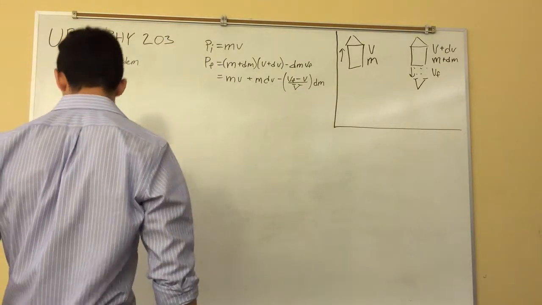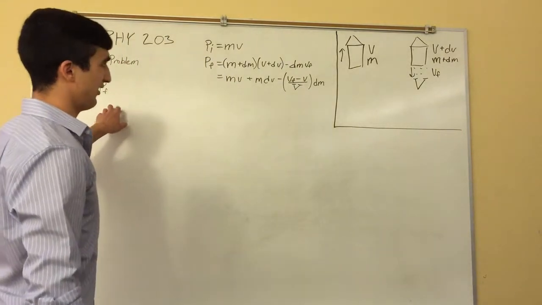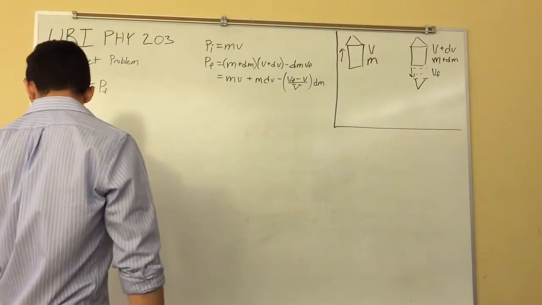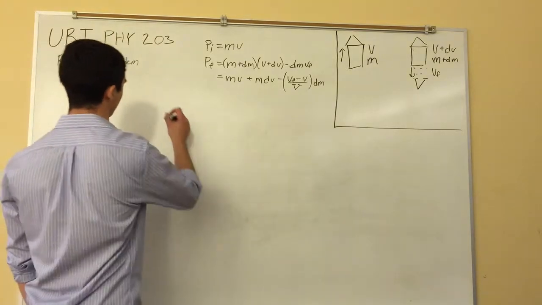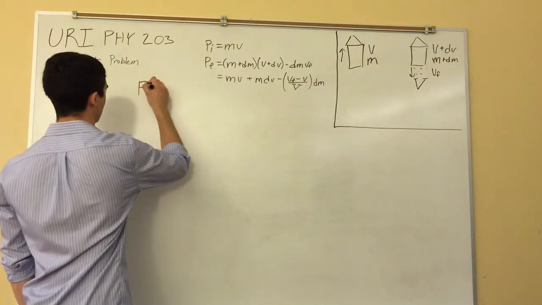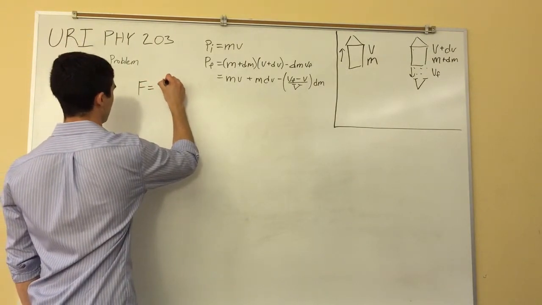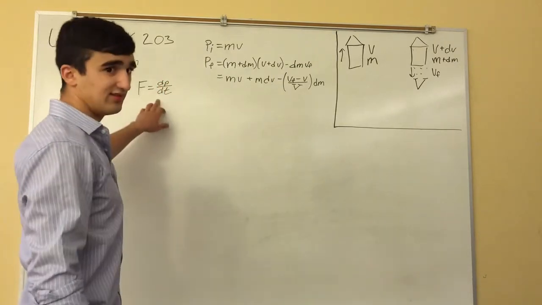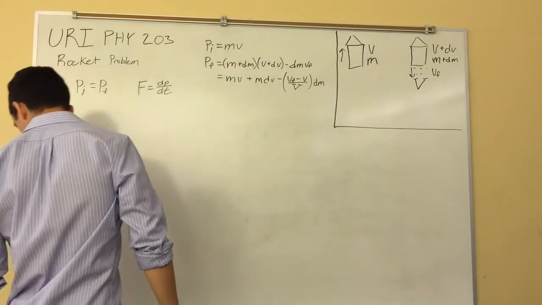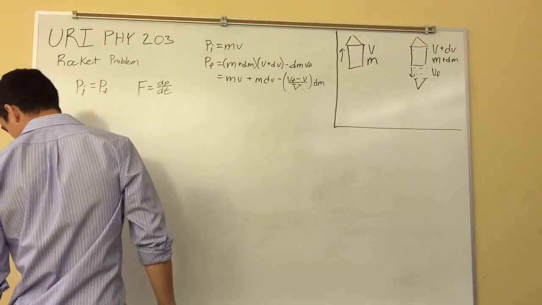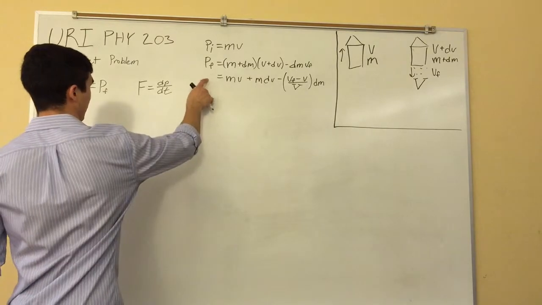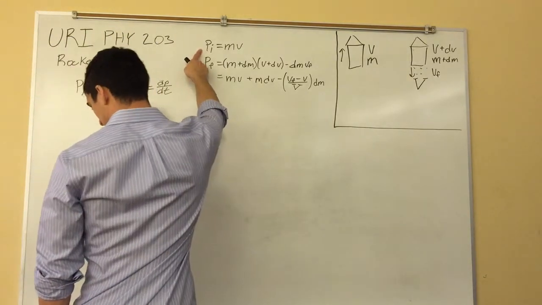We're going to talk about what momentum is and how we're going to relate this to getting our final answer. And to do that, we need to talk about force for a second. Force, right here, is always equal to the change in momentum over the change in time. So dp over dt, right? And with that being said, we have up here momentum final and momentum initial.